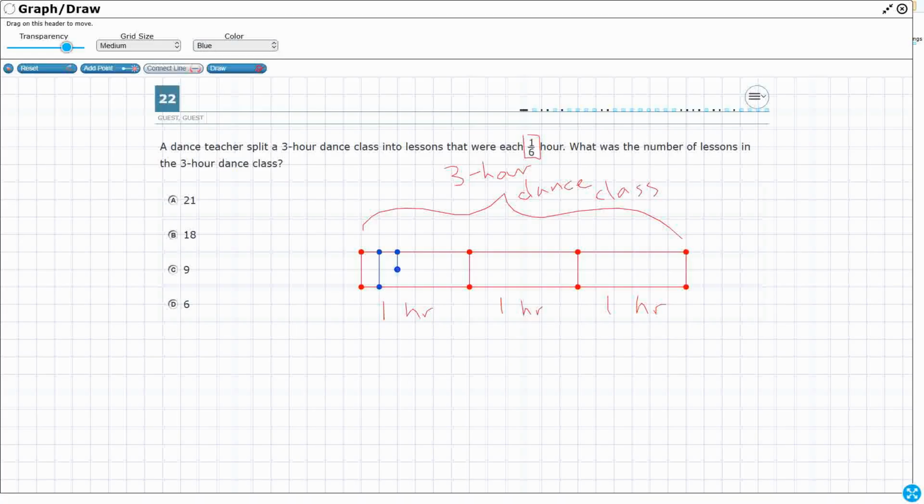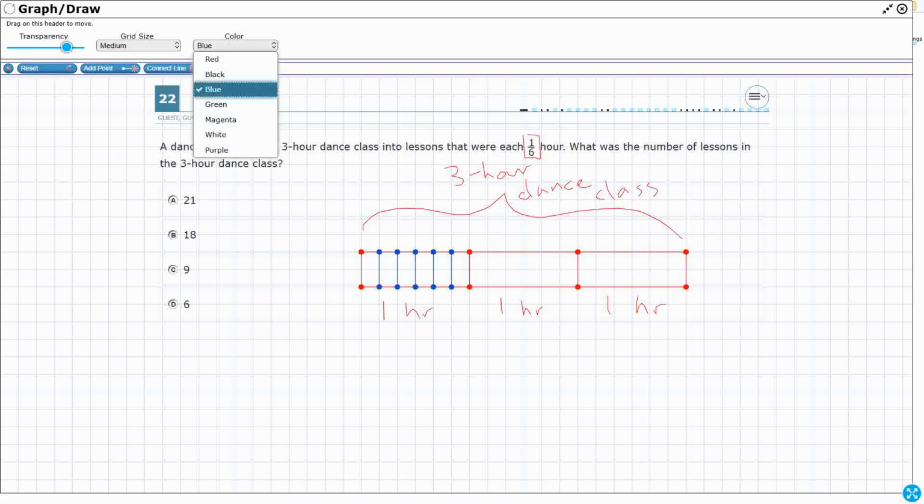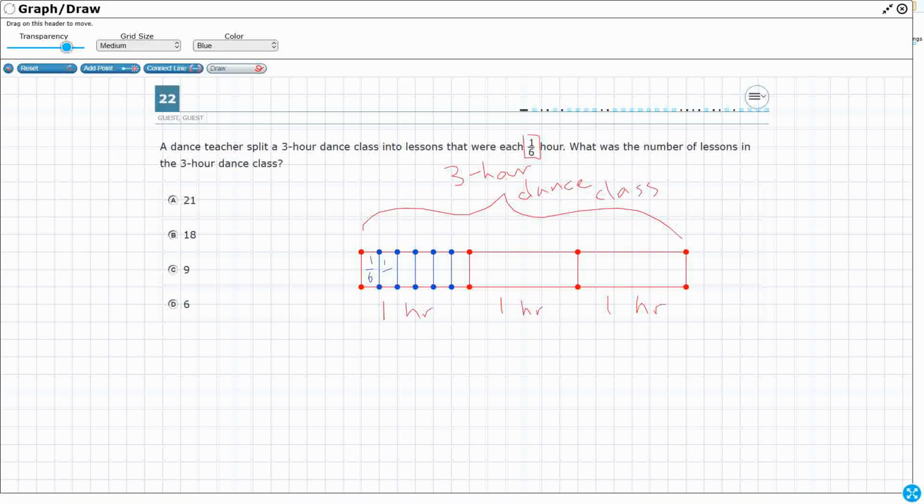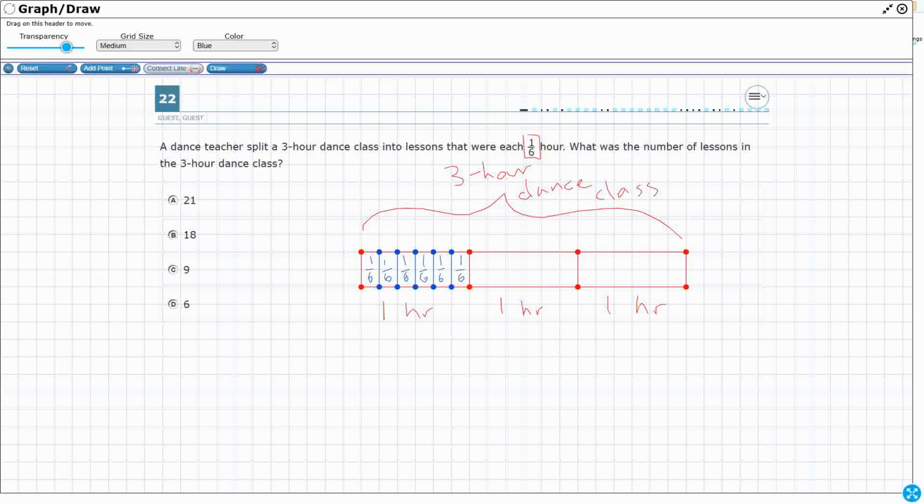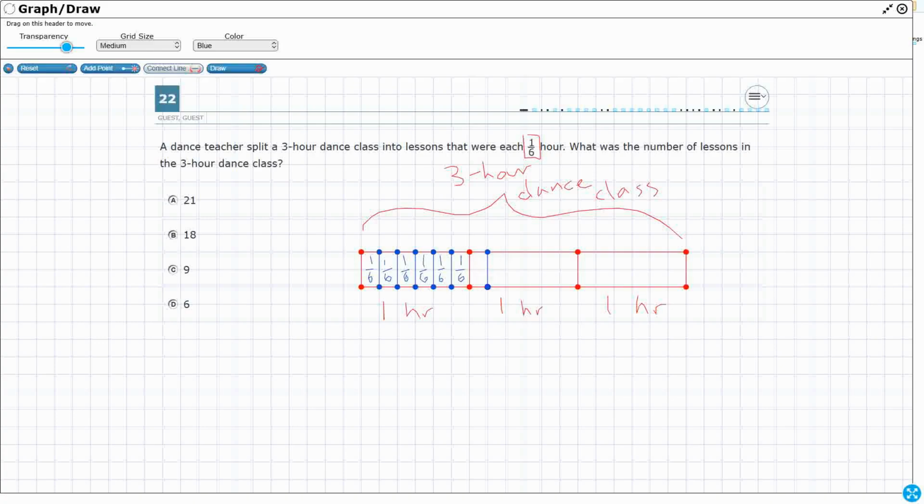I'm going to draw 1, 2, 3, 4, 5 lines, right? 5 lines gets me 1/6, 6/6. Always need to draw one less line if you've got a closed shape than the number of spaces you need.